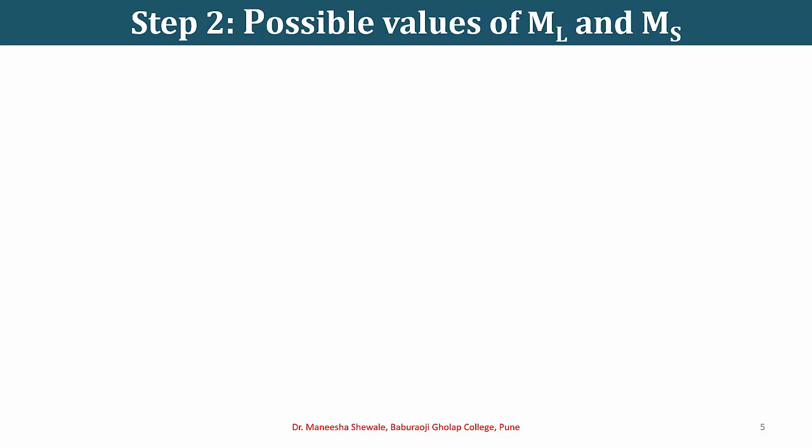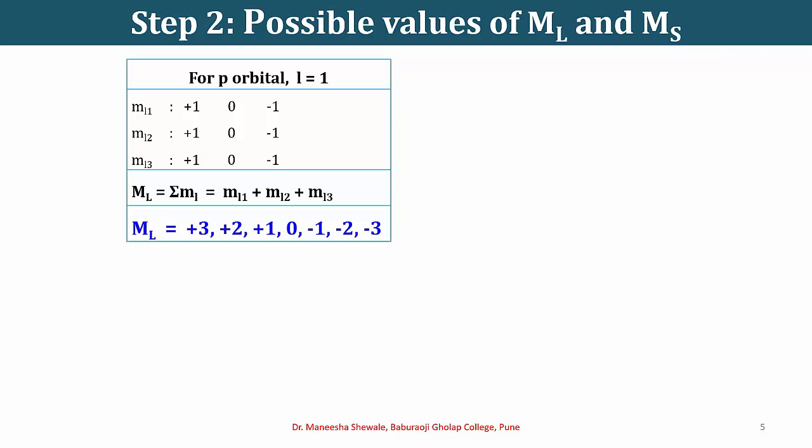Now in step 2, we calculate all the possible values of ml and ms. The electrons are in the p orbitals, for which the azimuthal quantum number l is 1. So the magnetic quantum numbers can have the values +1, 0 and -1.